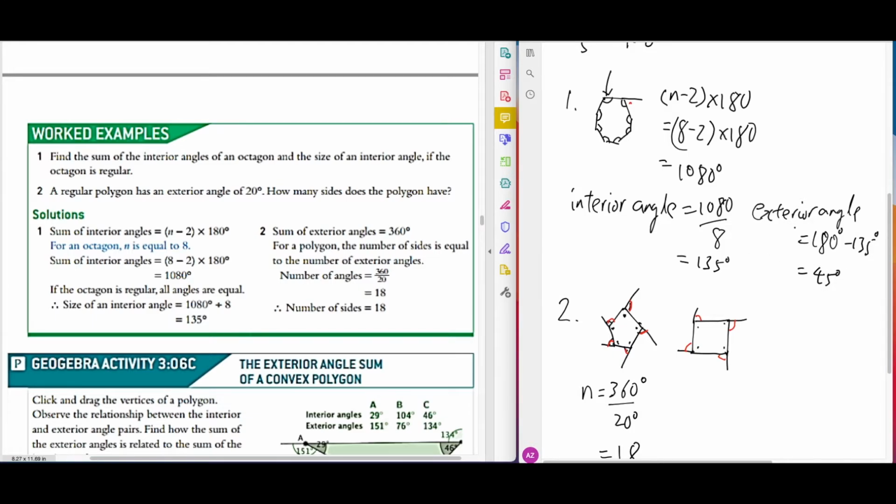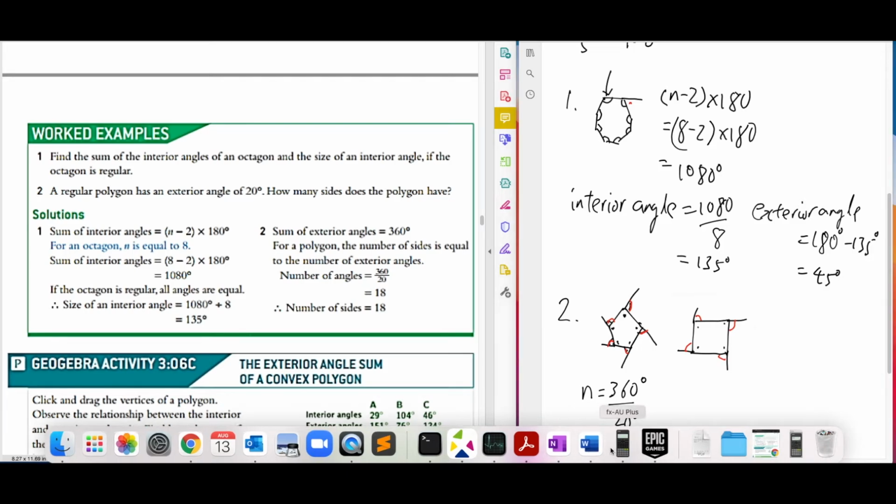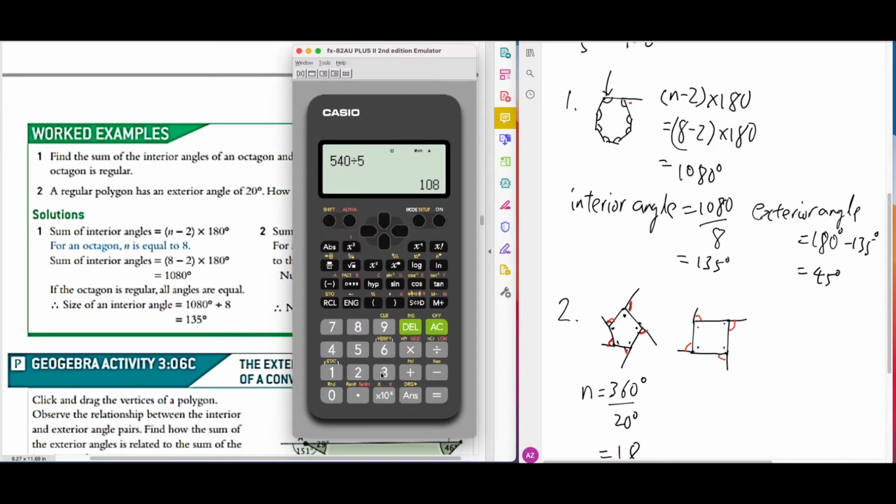And we can double check that it's an octagon. If you still remember, the number of sides a shape has is equal to 360 degrees divided by the exterior angle. So if the exterior angle is 45 degrees, we can test this theory out. 360 divided by the exterior angle, now we should get 8 for our answer, right? If this property works. And we do get 8.